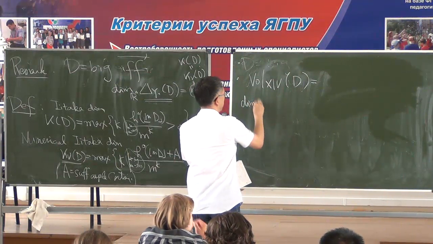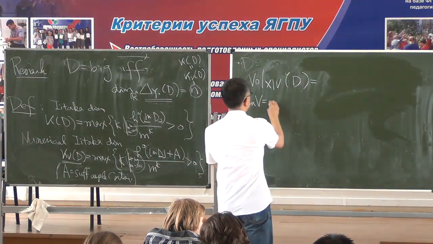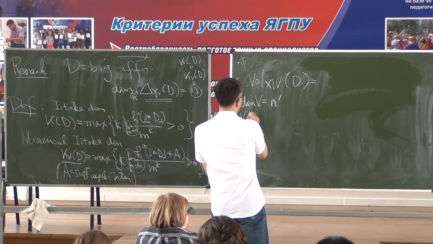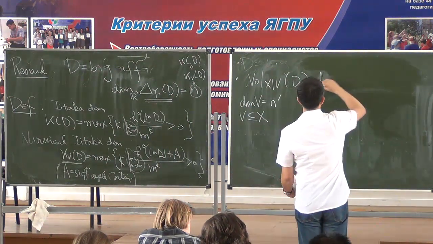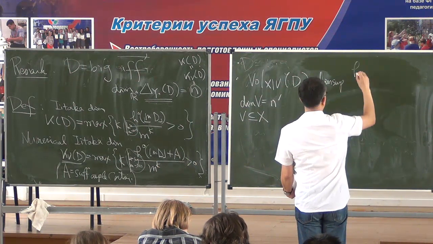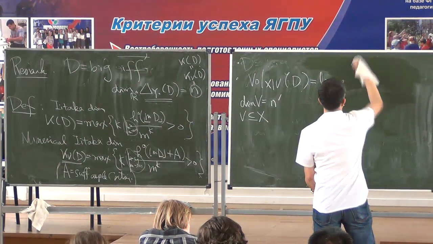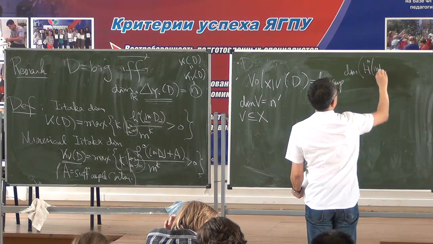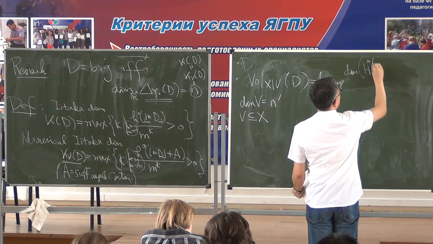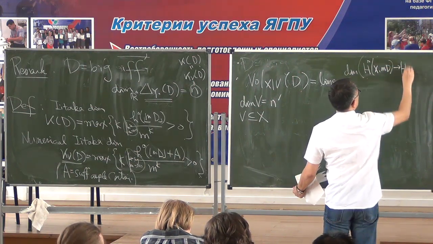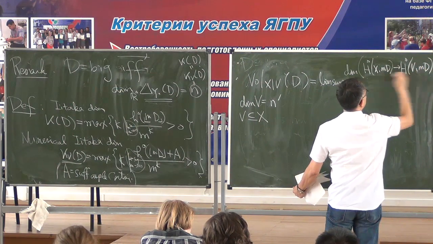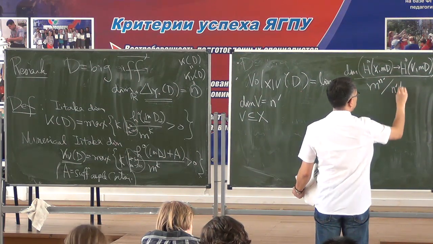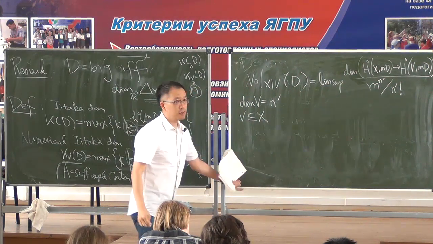Let's say the dimension of V is n prime, and V is a subvariety of X. Then the restricted volume is the lim sup of the dimension of the image of the restriction map from H0 of X and D to V, over n to the n prime, factorial.